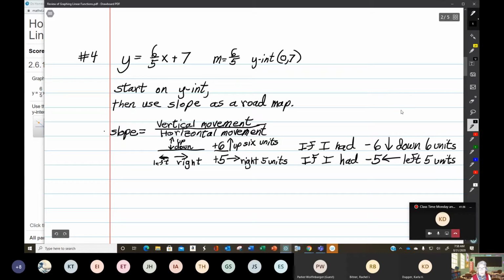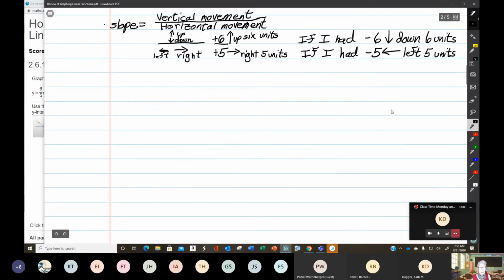Well, as it is, whenever I have a positive slope, like 6/5, remember that negative over negative is positive, so this could be changed to -6 over -5.